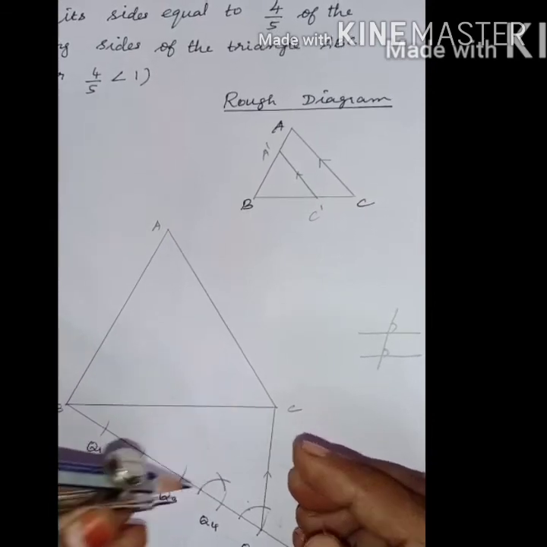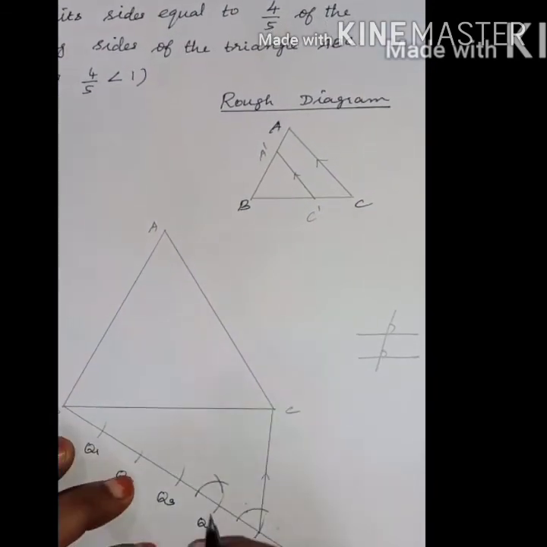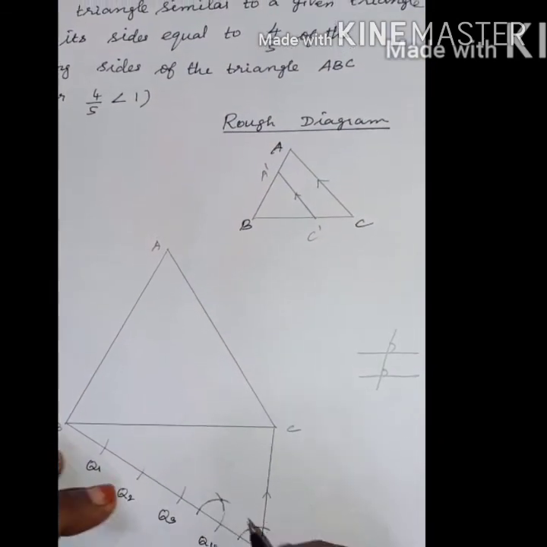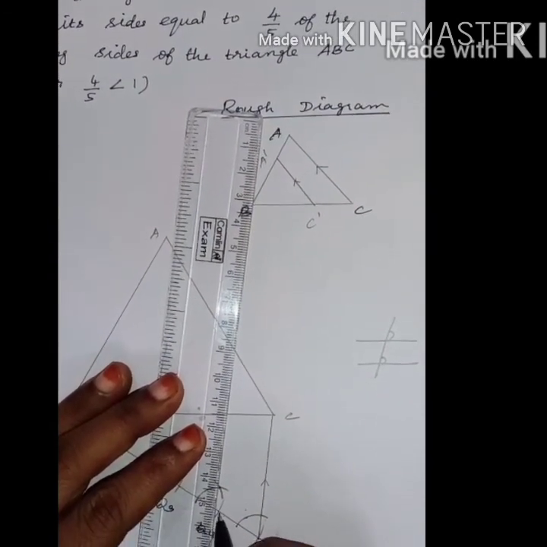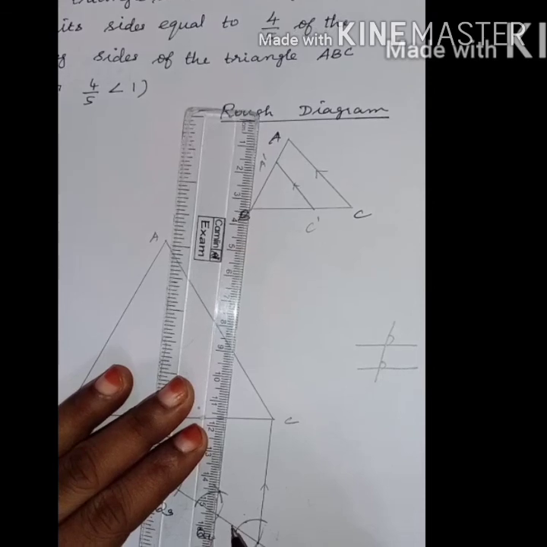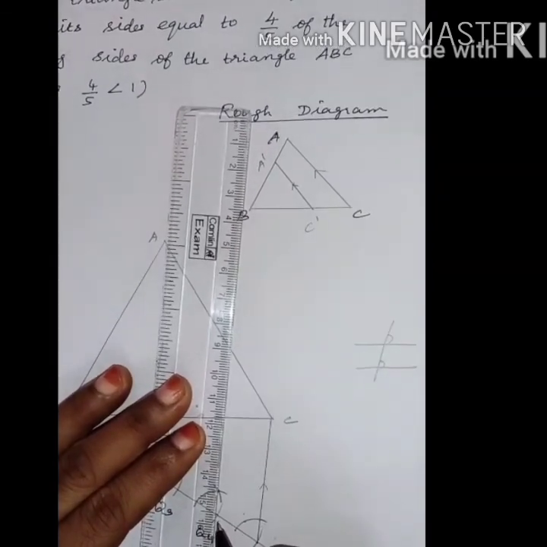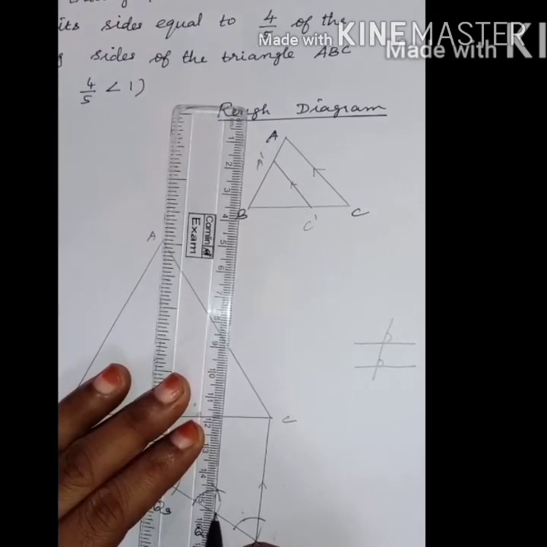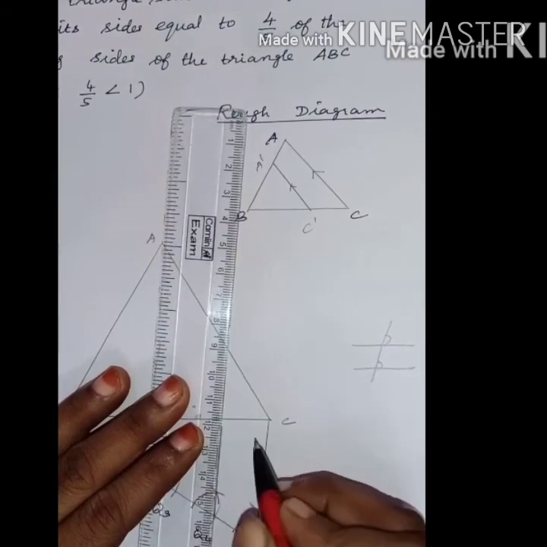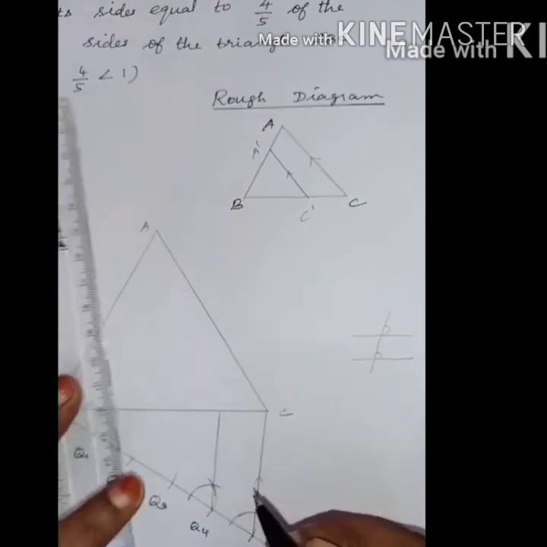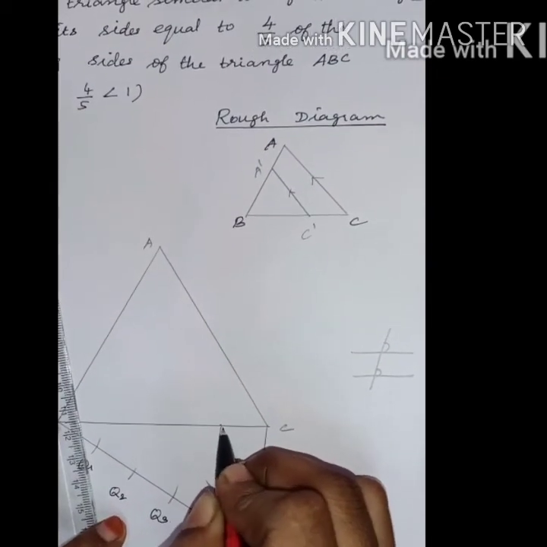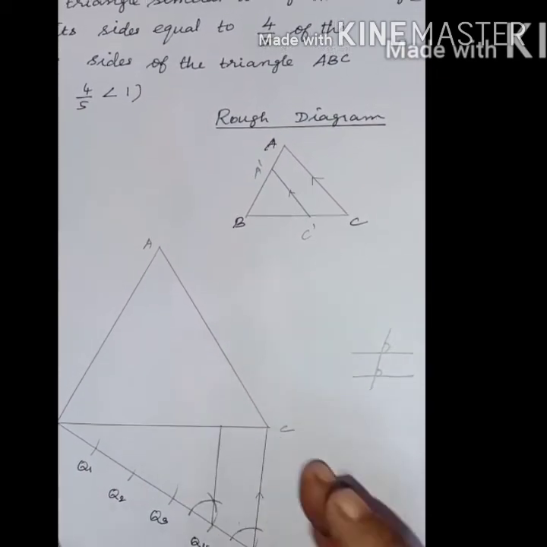The two arcs intersect at a point. You mark this point and join it with a line. This line intersects one point in our base. So this is our required portion, the required ratio.